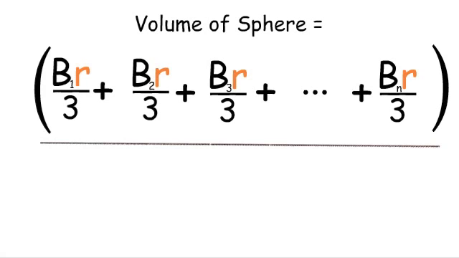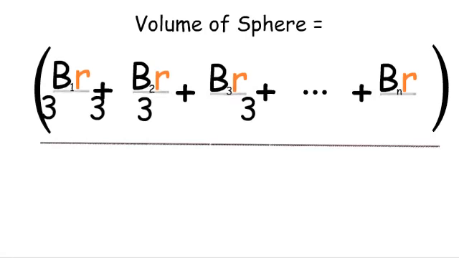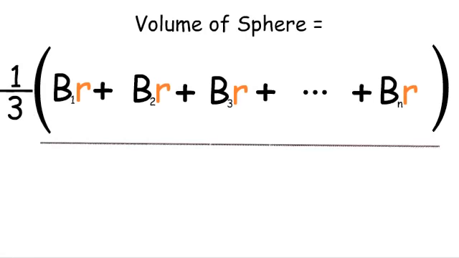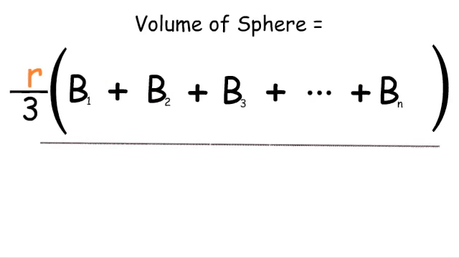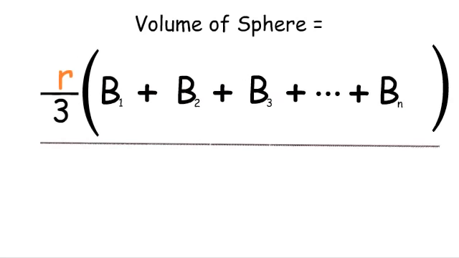So next we will use algebra and begin by factoring out a 1 over 3, and we will also factor out the radius, giving us r over 3 times the sum of all bases.